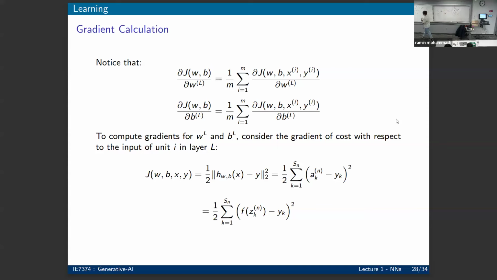If you take the derivative with respect to Z, you have a 2 and 1 over 2, and they cancel each other. You technically have A of Zn minus Yn, then the derivative of the activation at Zn itself. That becomes the derivative of this cost function with respect to the raw input to the last layer.